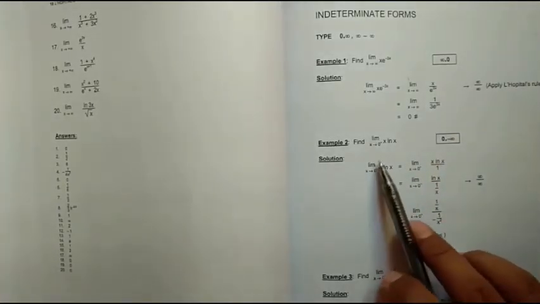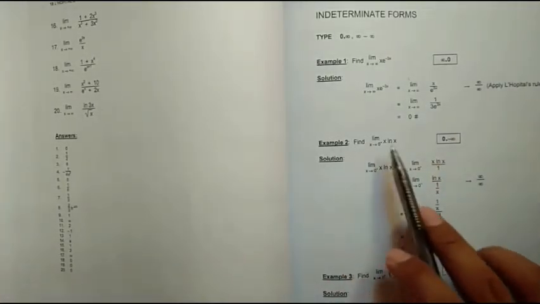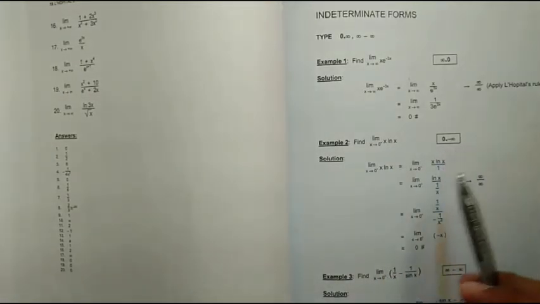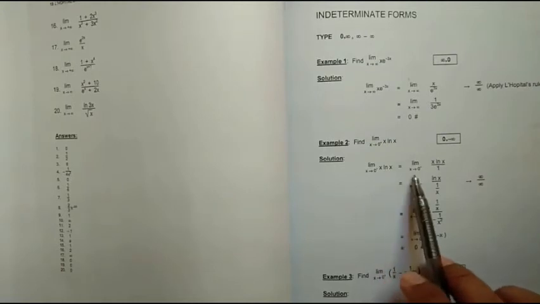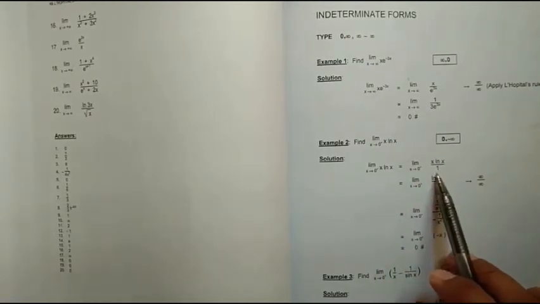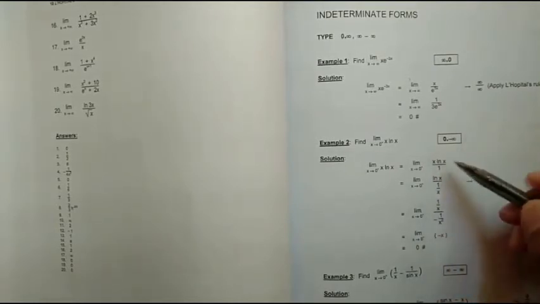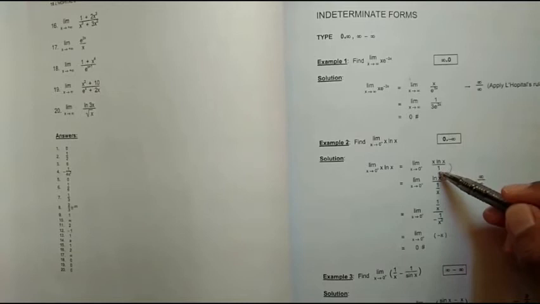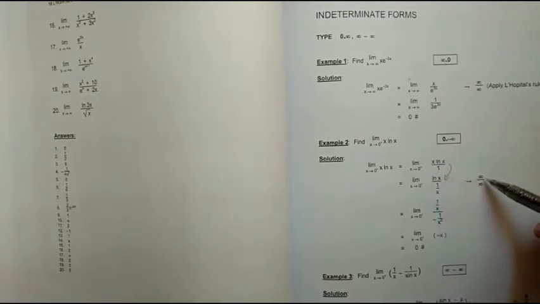Okay, sama juga macam example 2, x ln x. 0 times negative infinity. So x ln x, limit x approach to 0, x ln x over 1. So dia transform. Ni dia transform je. Dia ganti ln x over 1 over x. Okay, so differentiate ln x.